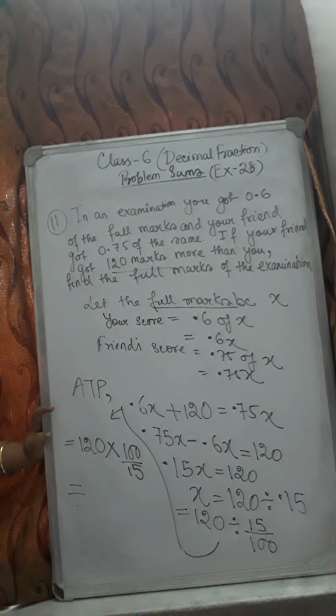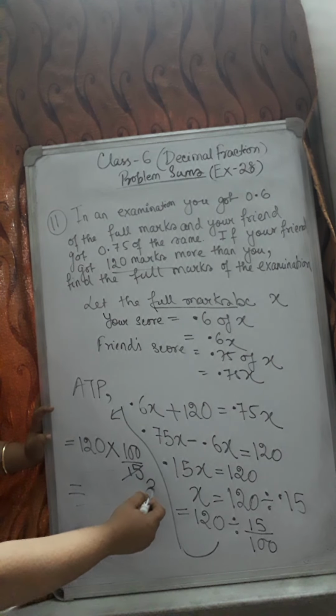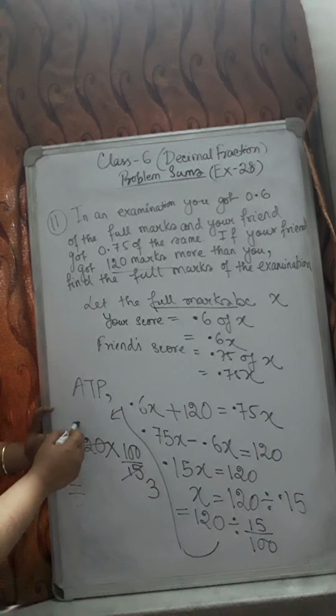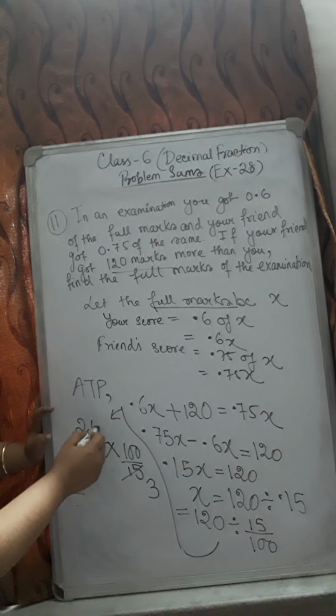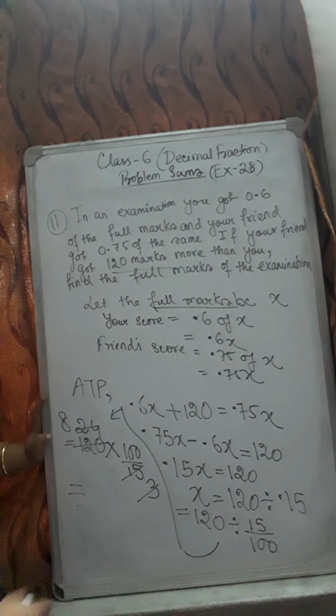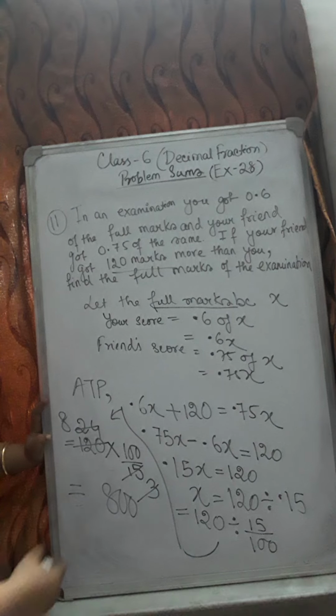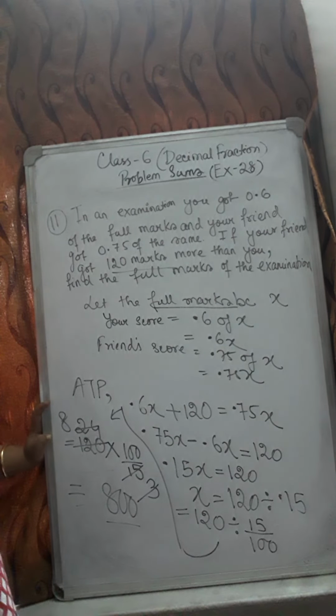So if you solve it, you will get the unknown value of x. Now 5 3s are 15, 5 2s are 10, 5 4s are 20, 3 8s are 24. So 8 into 100, 800. So out of 800, x is equal to 800. And what is x?